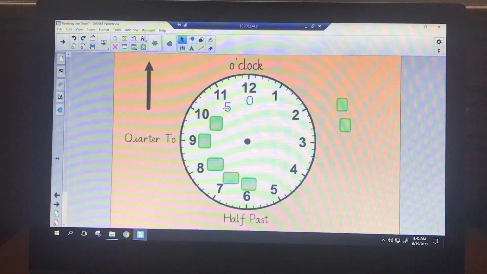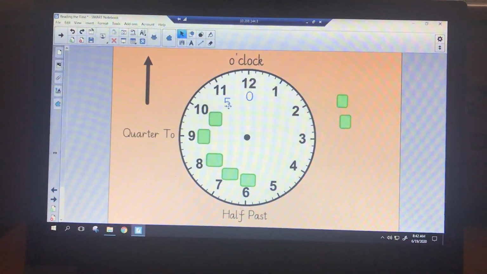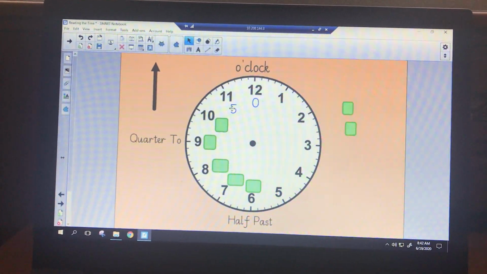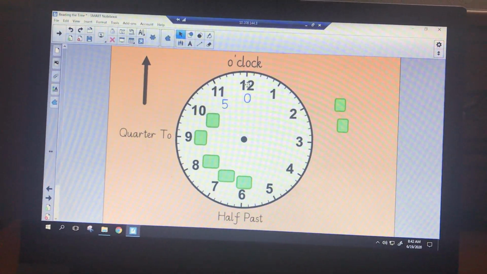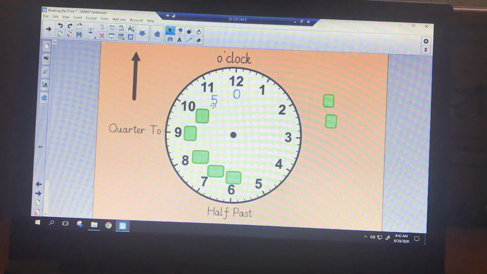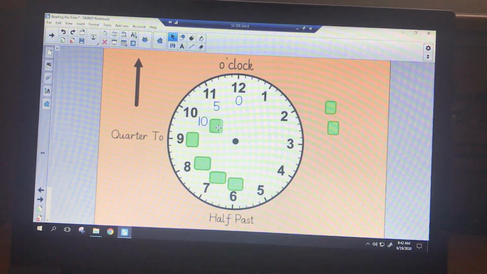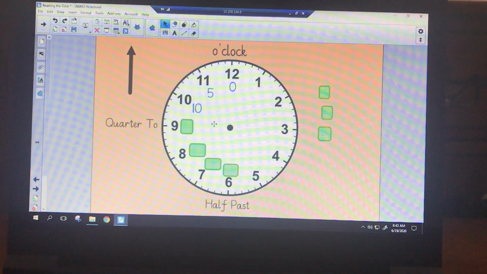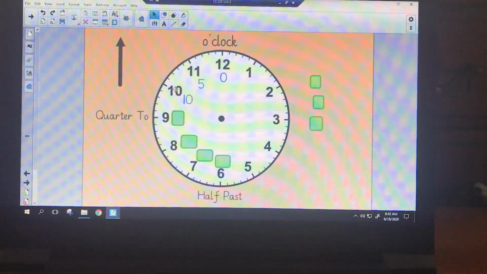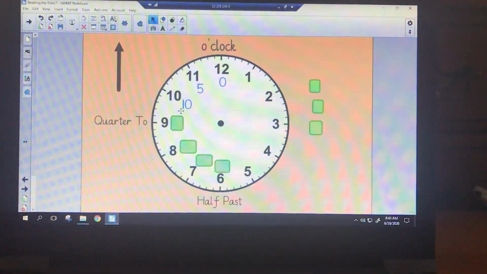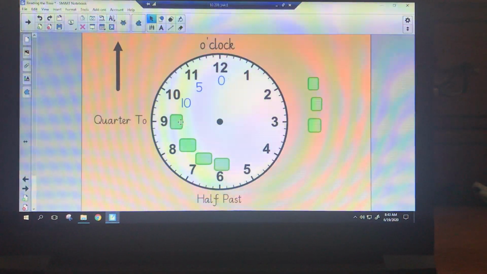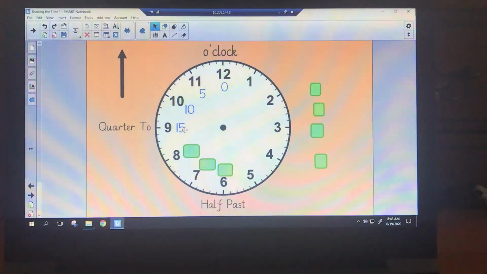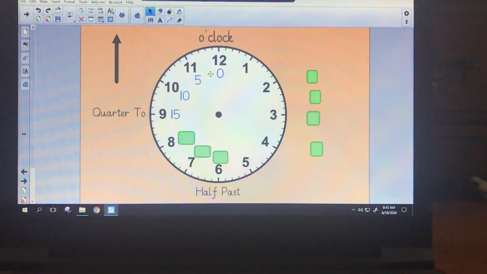So if the minute hand is pointing to the number 11, we say there are 5 minutes to go until the next full hour. And the same pattern works on this side of the clock. So if the minute hand is pointing at the 10, there are 10 minutes to go until the next hour. If it's pointing at the 9, there are 15 minutes to go until the next hour.